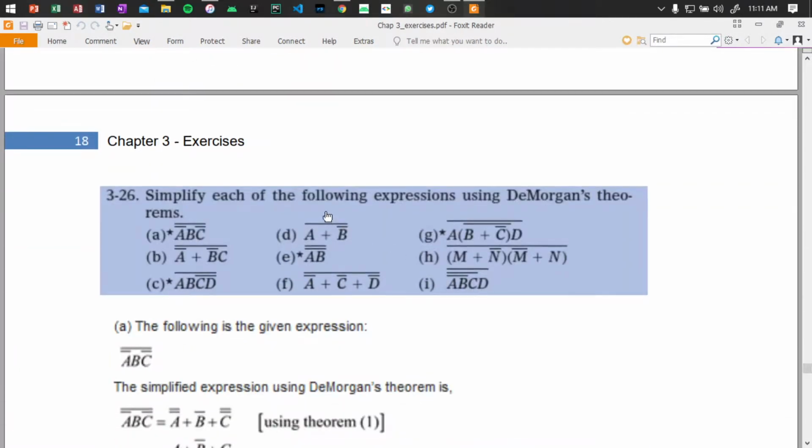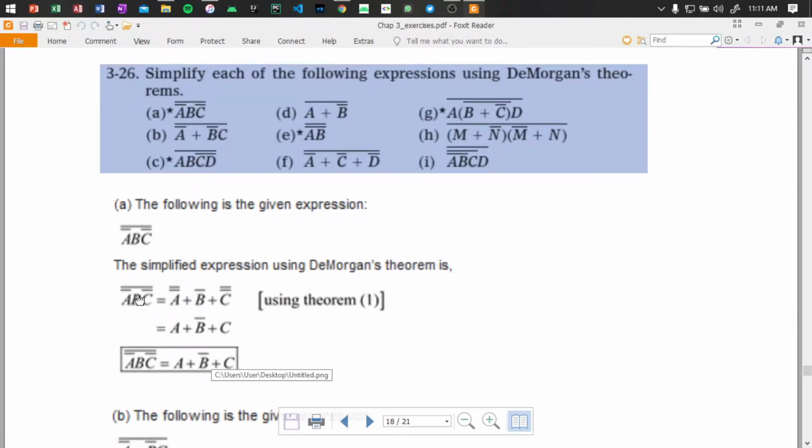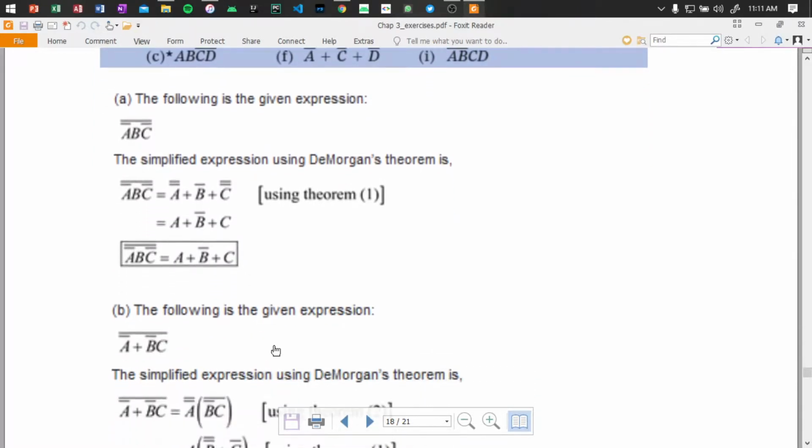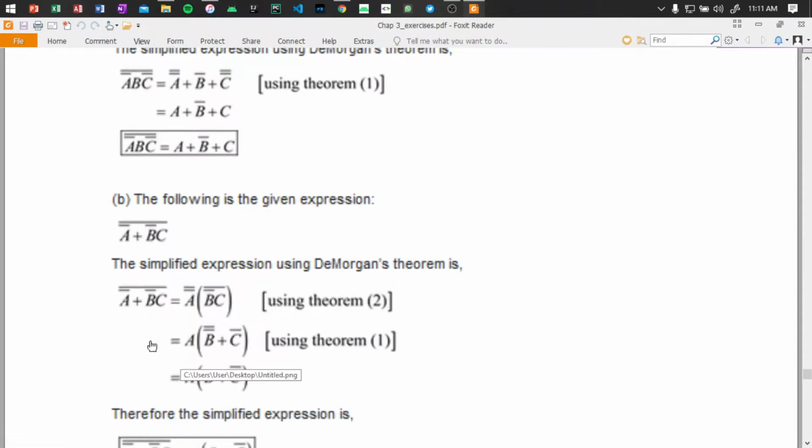Simplify the following expressions with De Morgan's theorem. This is more complicated, so don't worry. Plus B plus C. Why is this like that? Like this is really the following expression, the same as that.